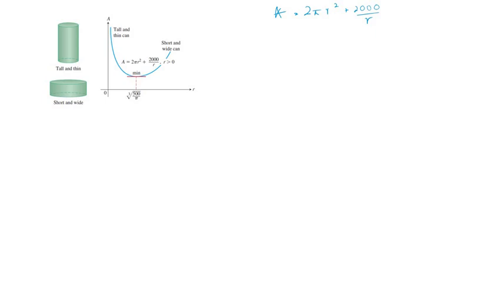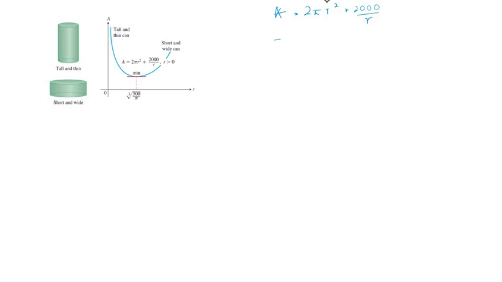It's the cube root of 500 over pi, but you get a minimum. So at this r, you get the minimum area of tin for a 1 liter can, or 1000 cubic centimeter can.